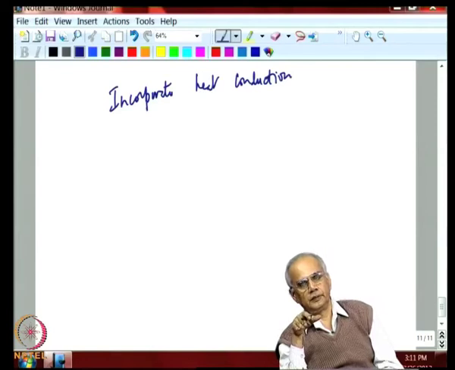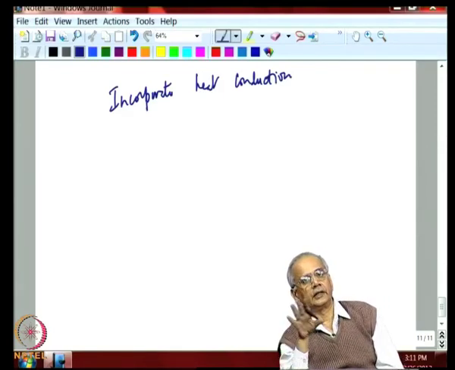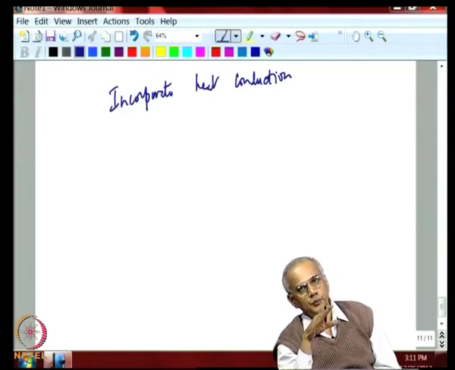So, heat conduction is always there. We have neglected it so far to simplify the problem, but it is always there, and the role of heat conduction, which is a diffusion phenomenon, is to smoothen the temperature profile.